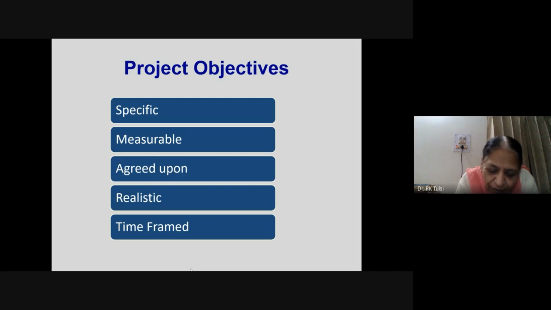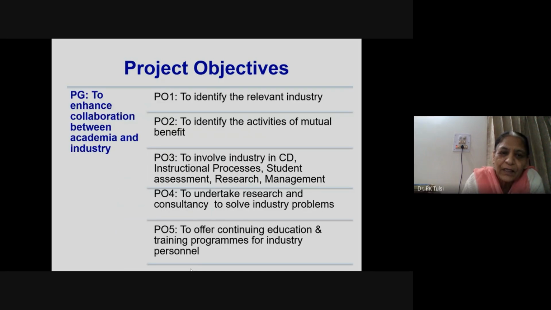Then when the cell would start functioning, all of these are time-framed. Here you can have a look that the project goal is to enhance collaboration between academia and industry.